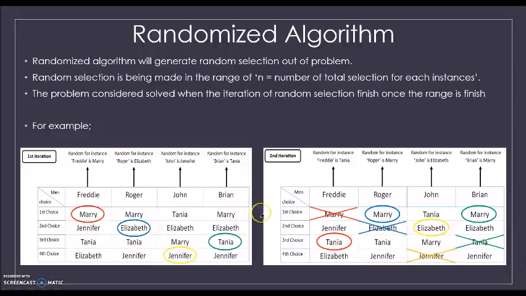So in the second iteration, the first choice is marked like this. The machine will choose again for each person: Freddie chooses Tanya, Roger chooses Mary, John chooses Elizabeth, Brian chooses Mary.